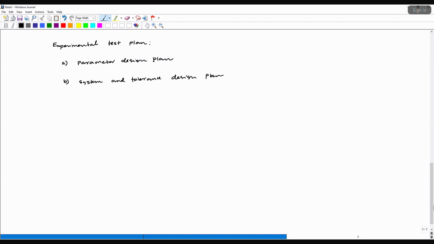And in system and tolerance design plan, what is also important is how I do the measurements and how good the results need to be so that I get an answer to my question. For example, if you are trying to measure a pressure of the order of 1 bar, and you are using equipment which cannot reach 1 bar, it's of no use.